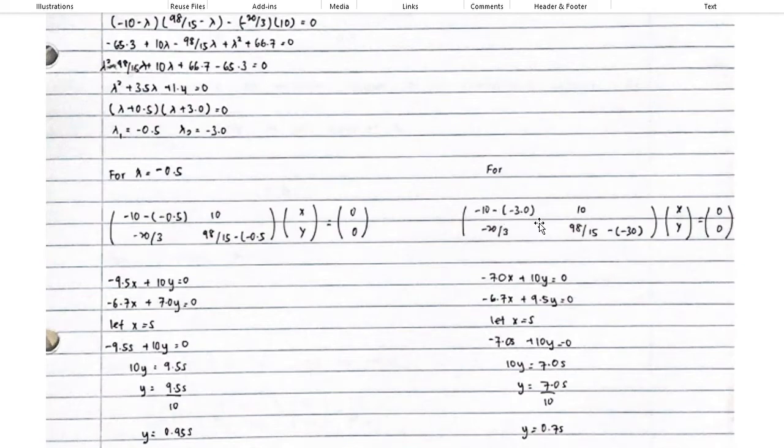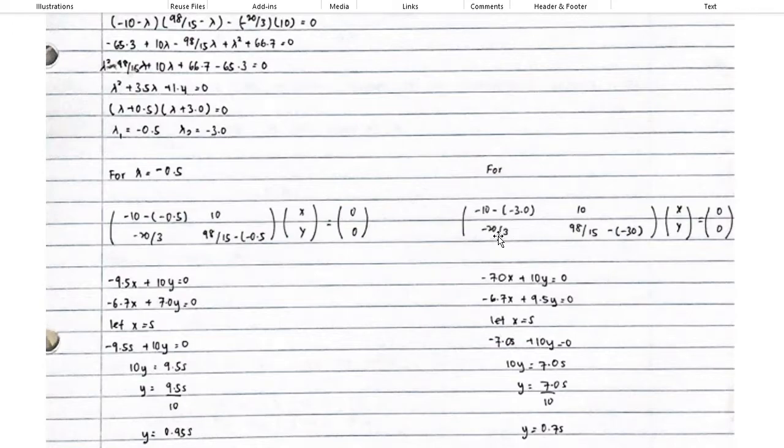Negative will be positive, negative will be positive, then positive. This part is the same as this one, just replace the lambda with negative 3.0 and we simplify.